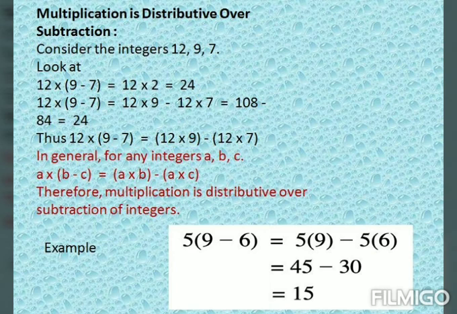Therefore, the distributive property of multiplication of integers over addition and also over subtraction is true for integers. But we did not discuss the distributive property for addition and subtraction of integers.